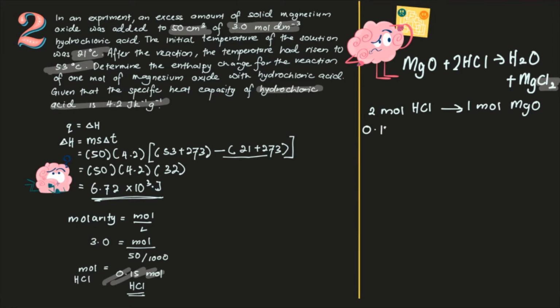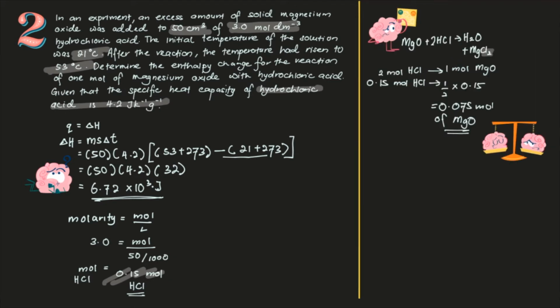So how much magnesium oxide do we need in order to produce the product? 1 over 2 times 0.15. You should be able to get the value of 0.075 mole of magnesium oxide.